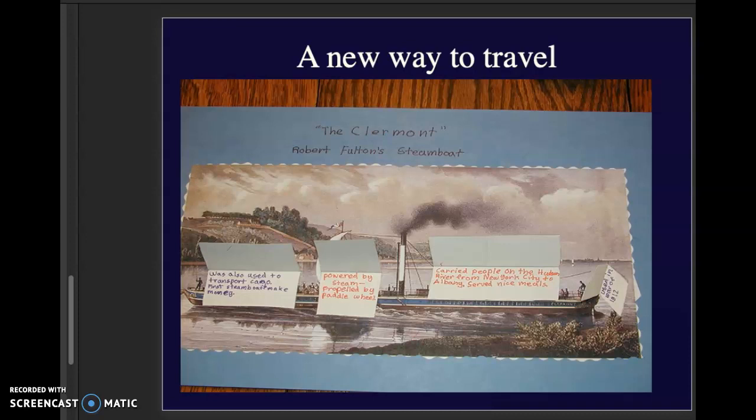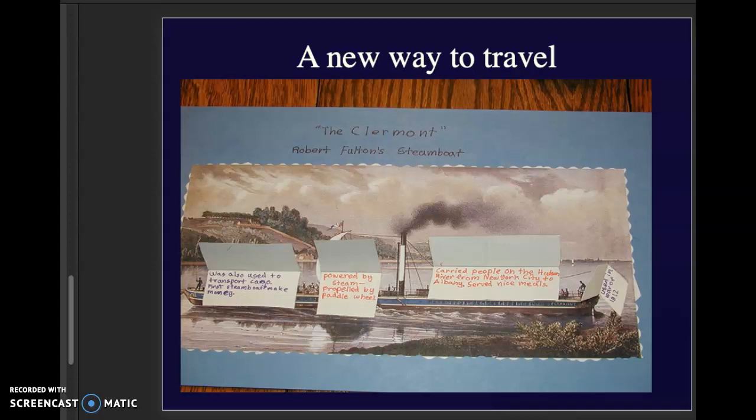Right? You're seeing an image here. It says the Claremont, Robert Fulton steamboat. And if you want to look at anything in the early 1800s, this was 1807, Robert Fulton, who was a New Yorker, came up with this idea of using steam to power these boats.